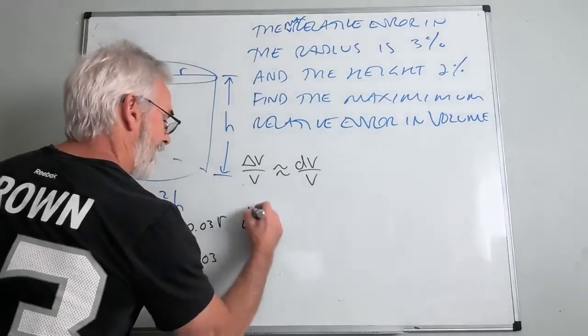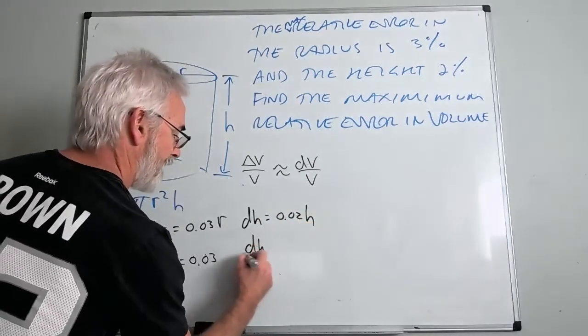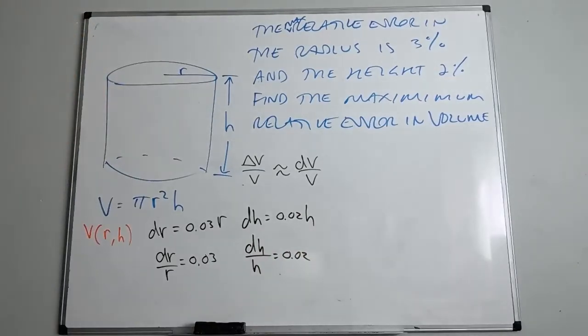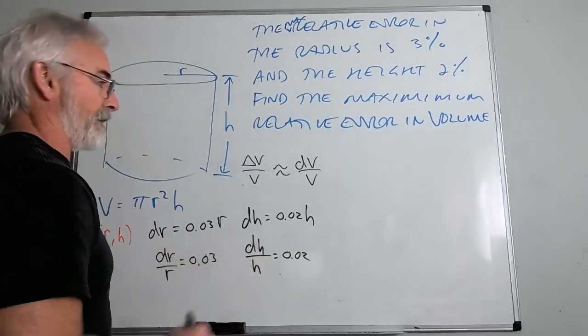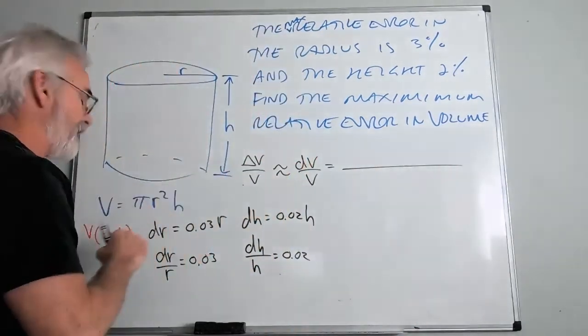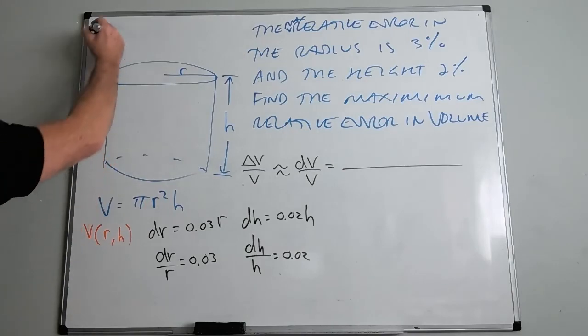Second, I have dh is 0.02 times h, or dh over h is 0.02. I need these two values because of the partial derivative of V with respect to r. Now, what's the partial of V with respect to r? I'll write up here.